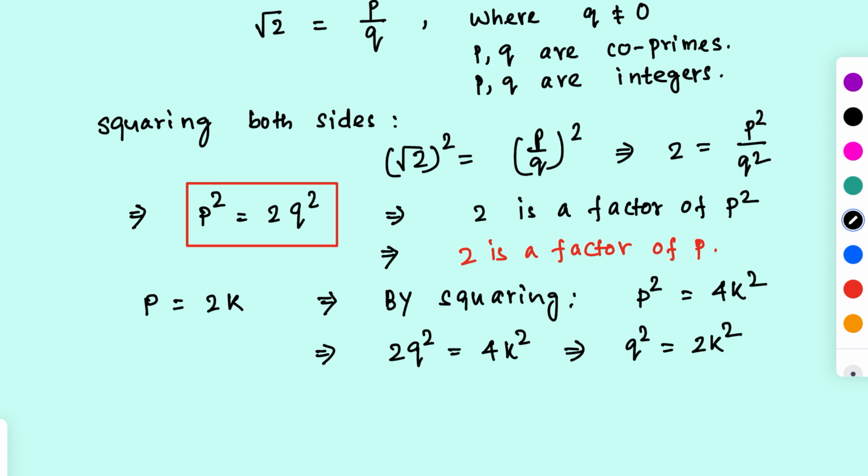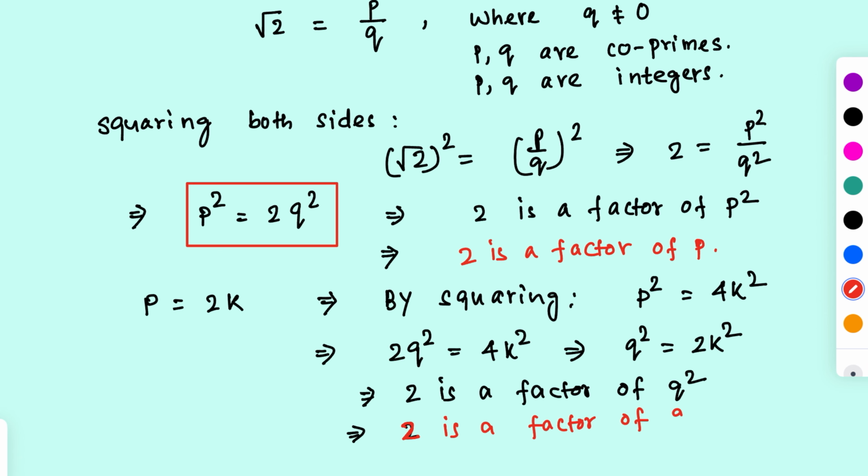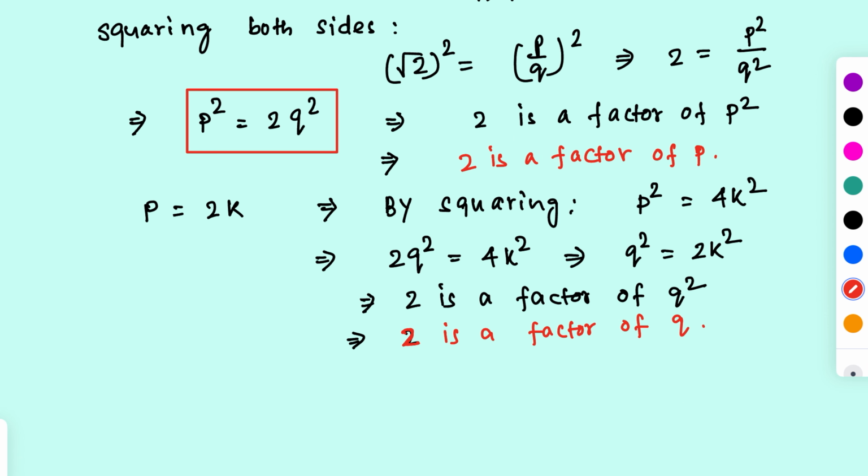That means 2 is multiplied with k square, which is equal to q square. So 2 is a factor of q square. This implies 2 is a factor of q square. So 2 is also a factor of q.